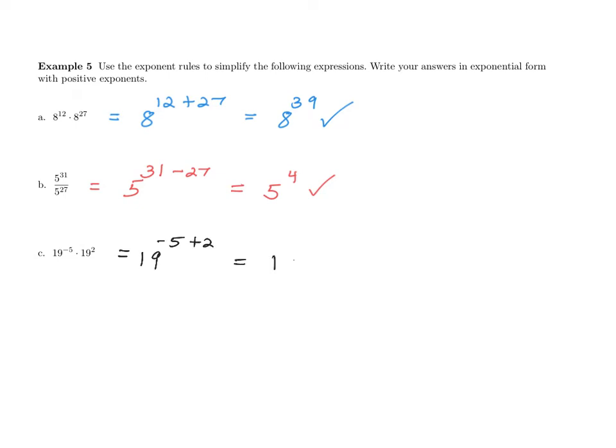So this is 19 to the power of negative 5 plus 2 is negative 3. This is an exponential form. However, I want to make sure the exponent is positive. This is negative. If we encounter a negative exponent, you can write this as 1 divided by 19 to the positive 3.